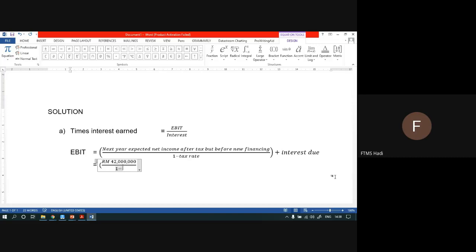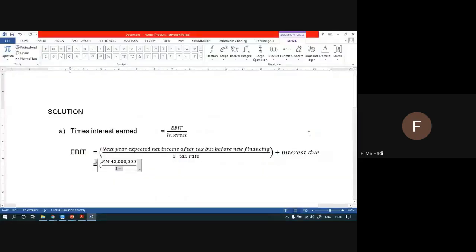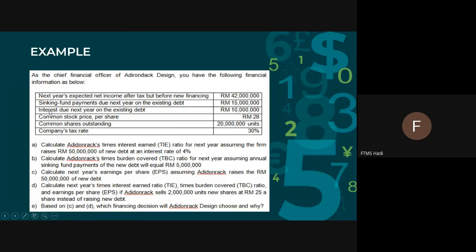You see this one, tax rate 30%, divided by 100, which is 0.3. And then plus interest due. Interest due next year on the existing debt, this one, 10 million ringgit.